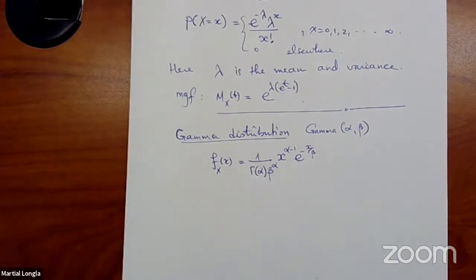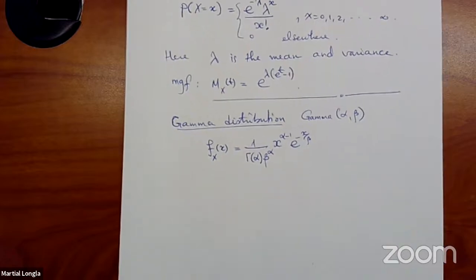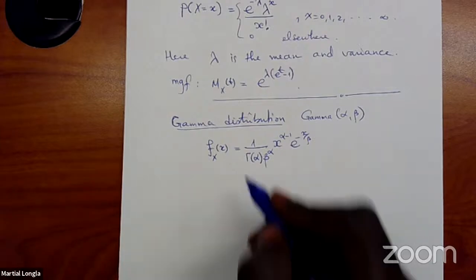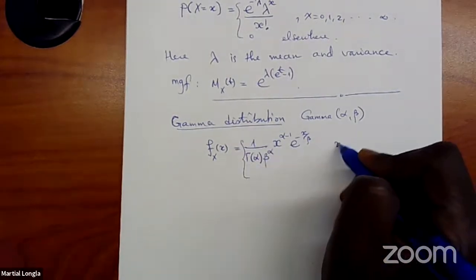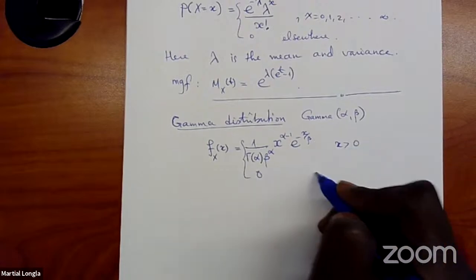Beta is called the scale parameter. It accounts for the spread of the graph, right? Your x is positive, 0 otherwise.